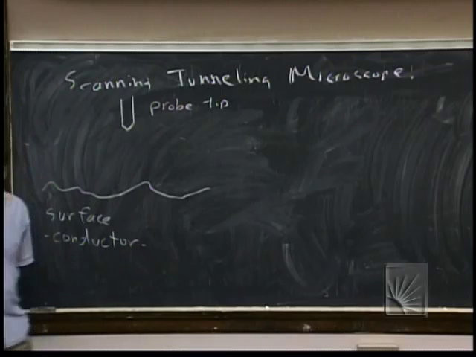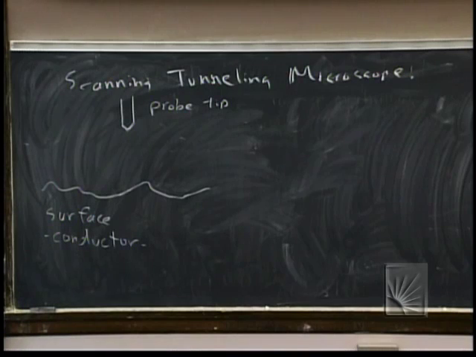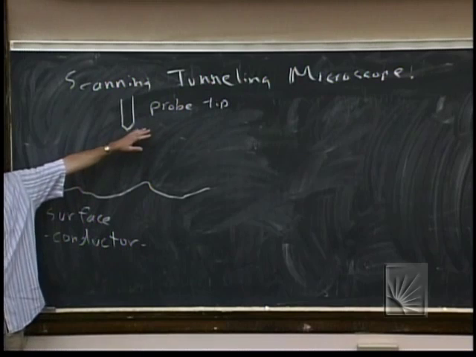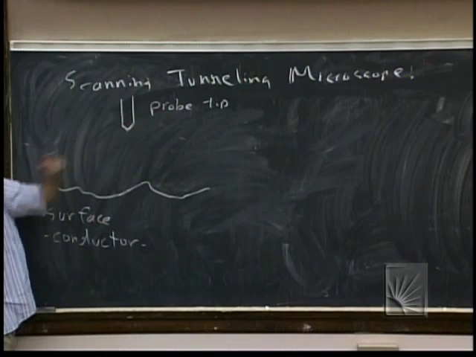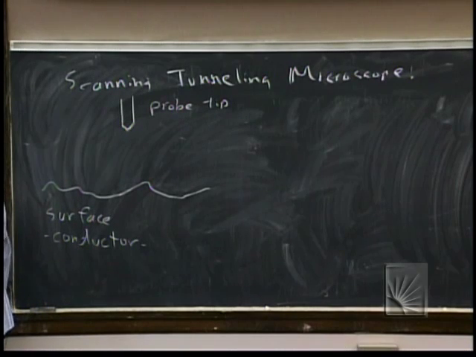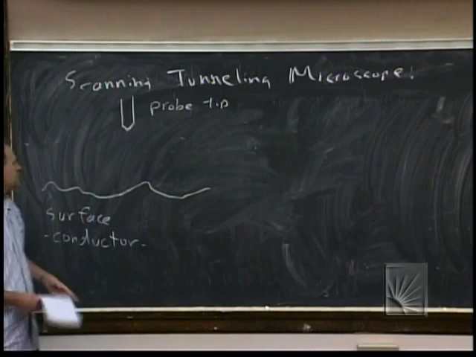This thing literally ends up being essentially the size of an atom on the end. And there's a whole story about how in the world you get a tip that's almost just one atom narrow at the end. But there are ways to do it.